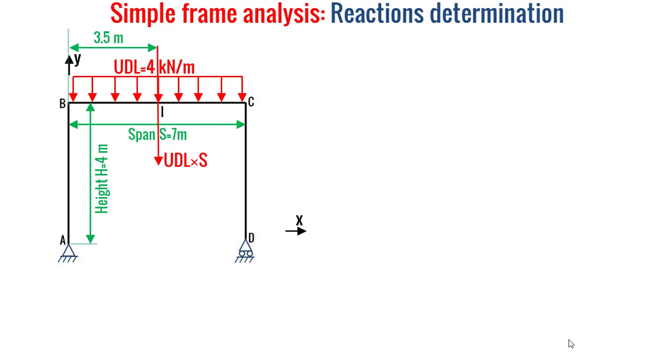So in the pin support we have the reaction at A along x and the reaction at A along y. And in the roller support we have a single reaction along the y direction denoted simply by RD. Now, in order to avoid complications when determining the reactions, we will use the static equilibrium equation of moment at the point A in order to neutralize RAX and RAY, in order to determine directly the reaction RD.